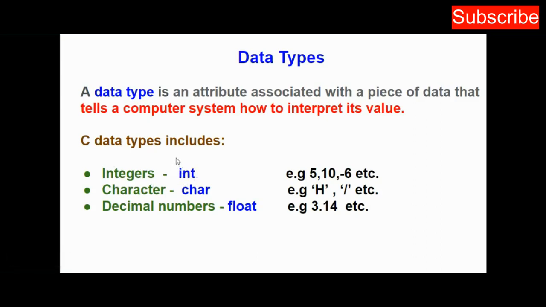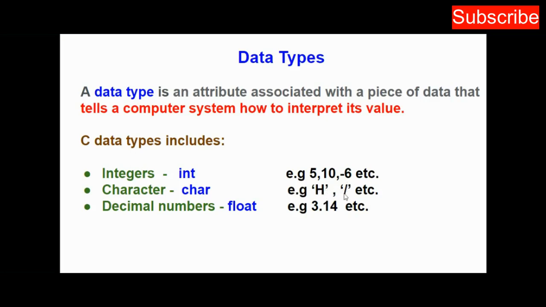And so we also have another data type. They are characters, denoted with char in C programming. Examples of characters include our alphabet, e.g., H. This letter H is a character.